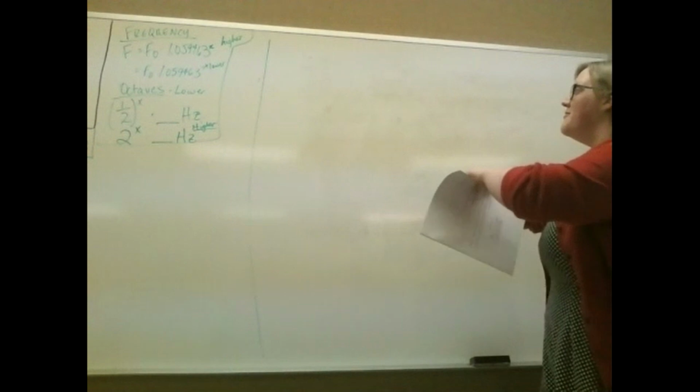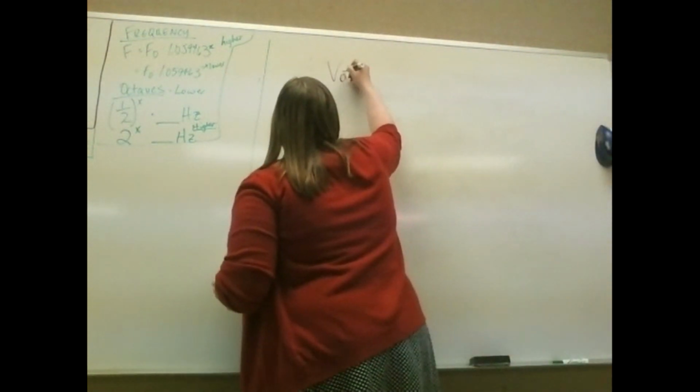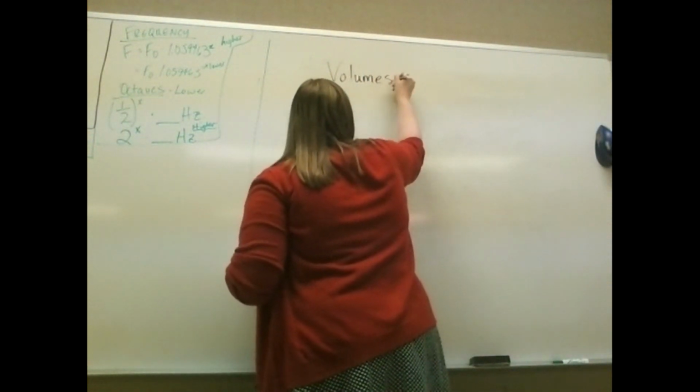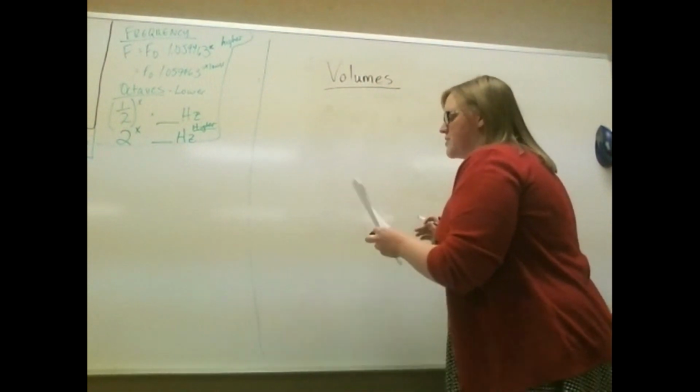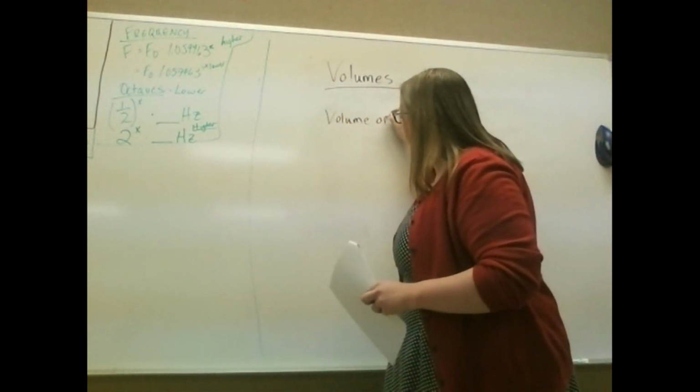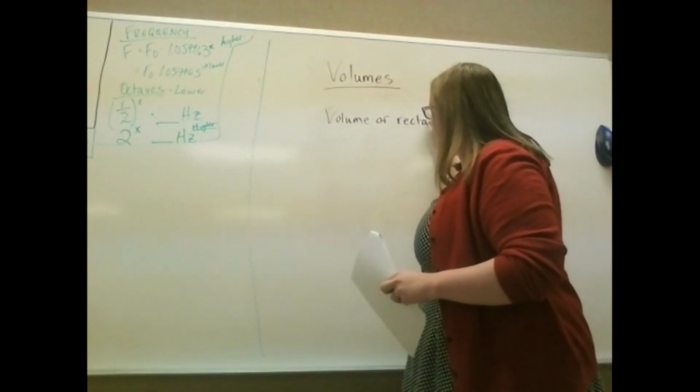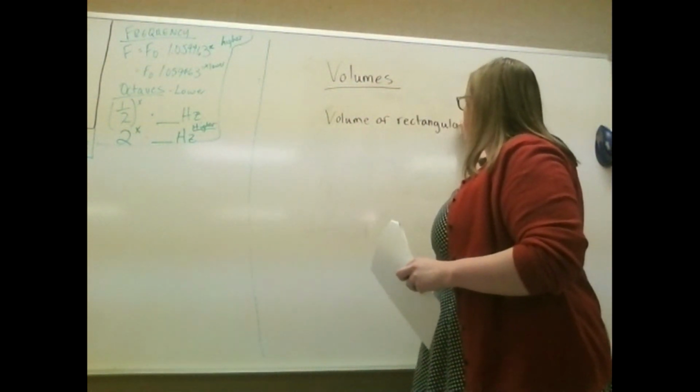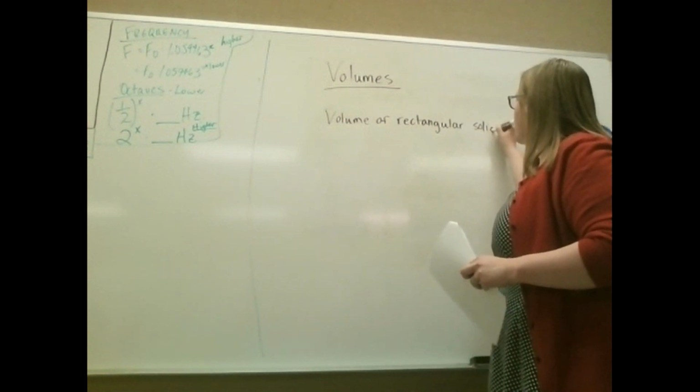All right, so moving on to volumes. We're going to look at two particular volumes. Volume of a rectangular solid. I'll draw a picture too so you'll know what I'm talking about.